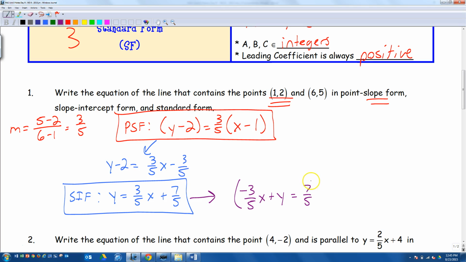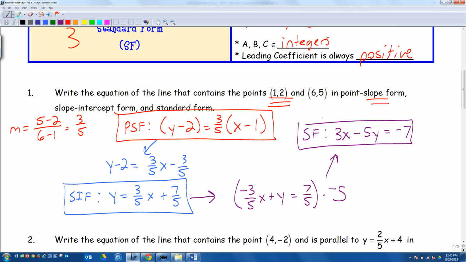So I'm going to multiply everything by negative 5. So negative 5 times negative 3/5 is 3x minus 5y equals negative 7 when you do the multiplication. This is now standard form. All 3 numbers are integers, and the first one is positive, so we are done.